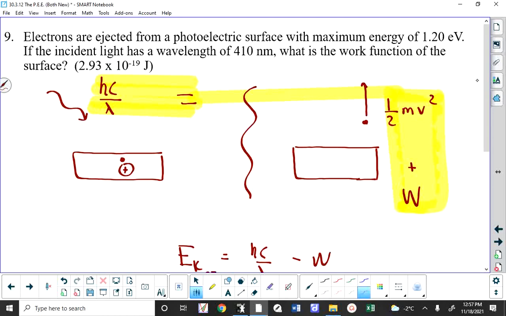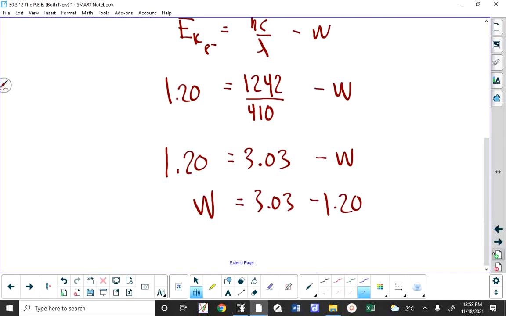Go ahead, Ben. Would you be able to subtract that work function, or put the hc over lambda on the other side, and then since you get a negative number from that, you multiply the negative symbol in front of the W to get a positive answer? Sure. If I understand you right, from here, I just want to make sure.